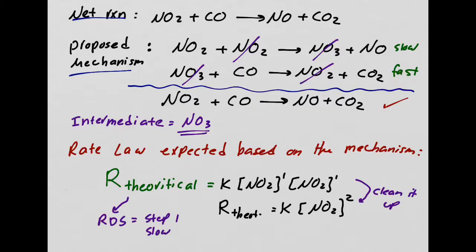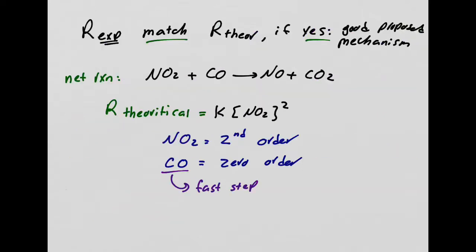The slow step is what determines the rate, because you have to get over the hump. Once you get over the hump, you just whoosh down. So this does not affect the rate, okay? It's a fast step, it does not affect the rate.